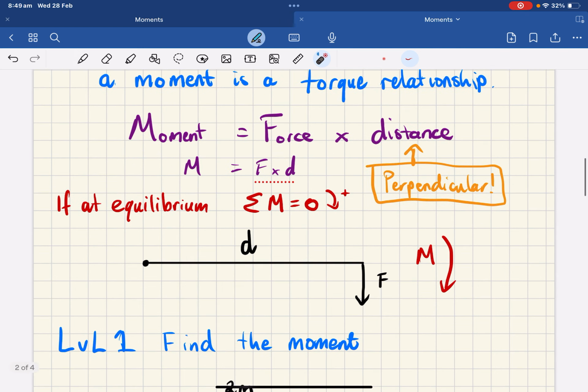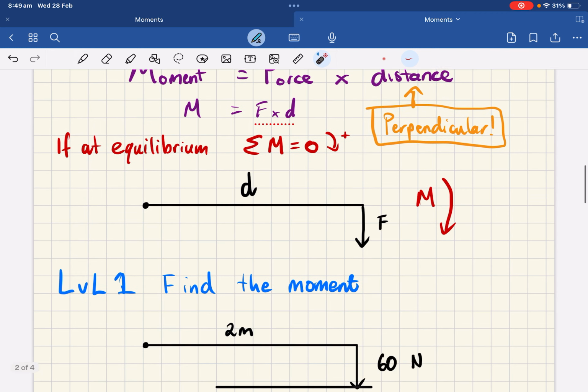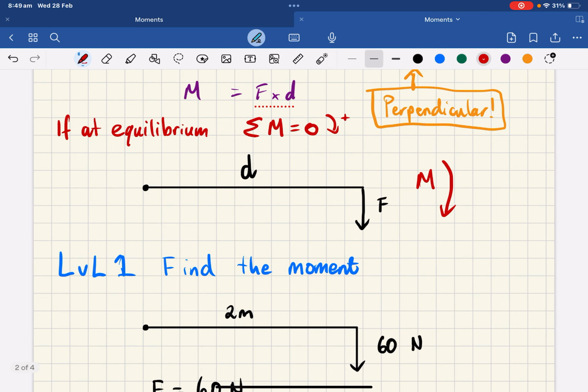But here we have a distance and a force. So in this case, our moment is going to be force times distance. Distance is perpendicular to the force, so we're all good. Let's have a look at the first one.